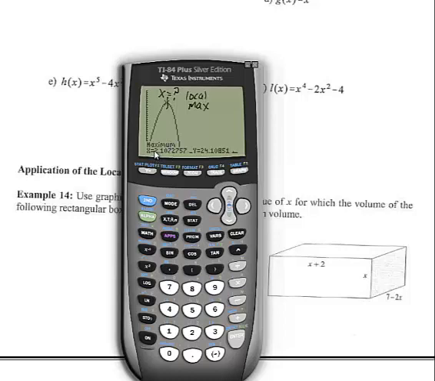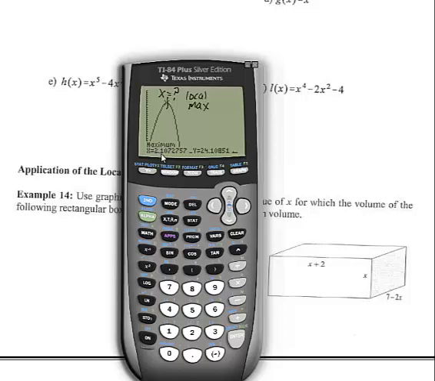Remember, our length, width, and height depend on x, and our volume is essentially our y value. So what this tells us at our max is that we get a maximum volume of 24. We weren't given units, so we can't assign units to our volume. We could just simply say 24 units cubed.